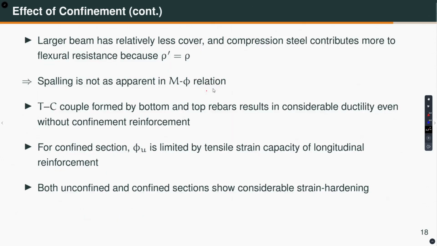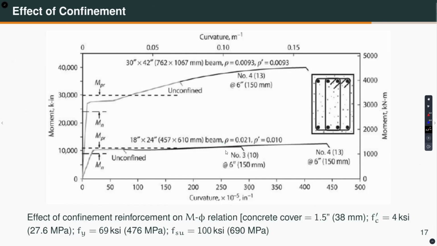Spalling is not apparent because of this reason, and what I said, the tension compression couple formed by bottom and top rebar results in considerable ductility even without confinement reinforcement. So, for the confined section, phi u is limited by the tensile strain capacity of the longitudinal reinforcement. Okay. So, when it is well confined, the tension steel cannot go on yielding forever; eventually it will also fracture.